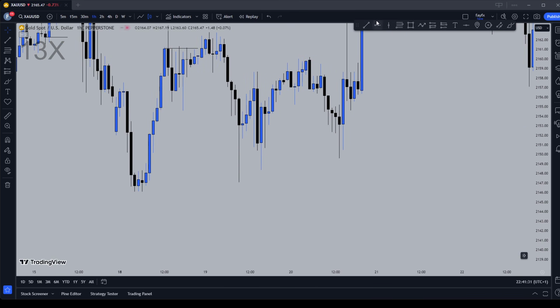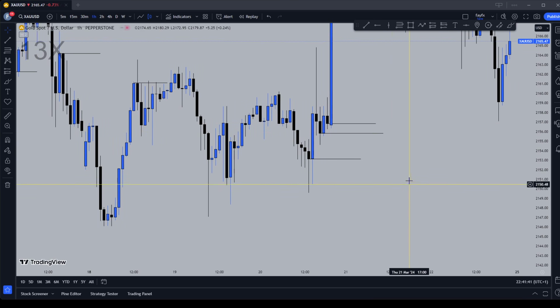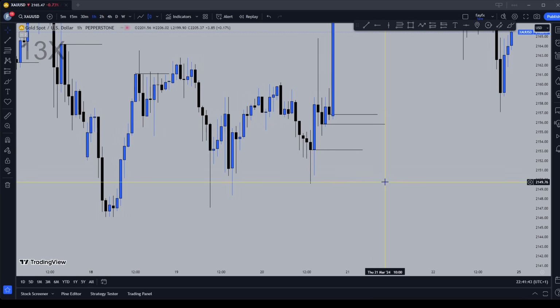For example, this is a fresh V level, fresh V level, fresh V level. An unfresh level means that after the creation of the level, either A, V, or gap, price did come to it, touch it, and continue its move.